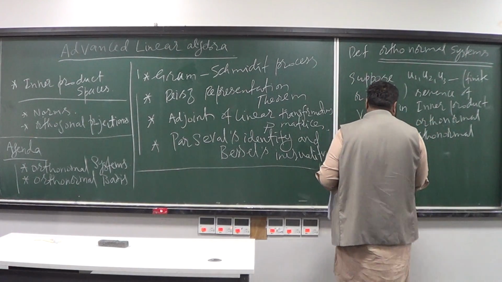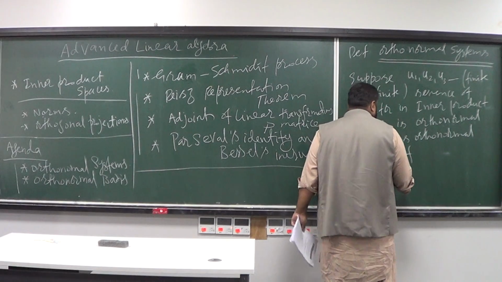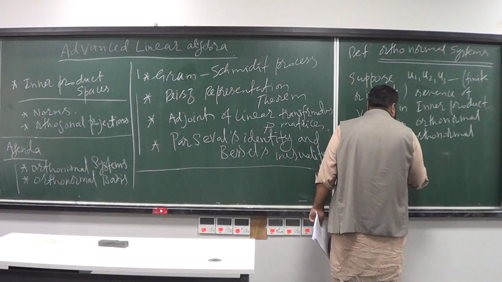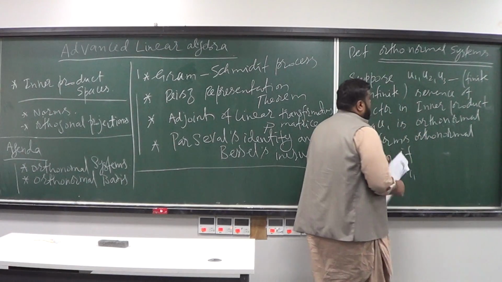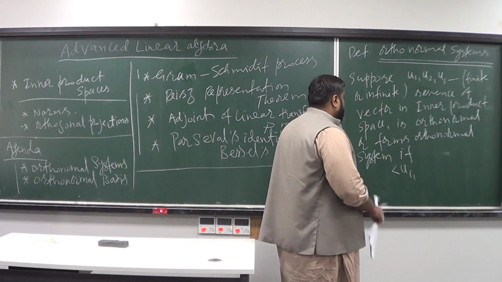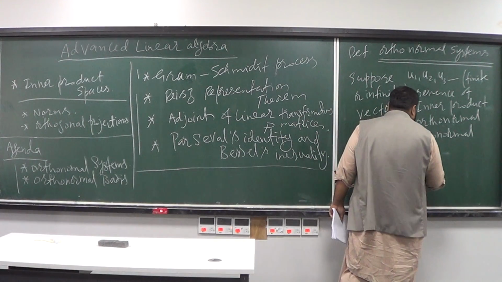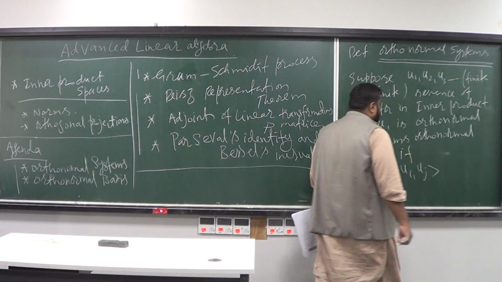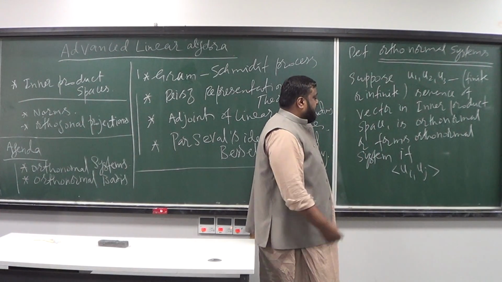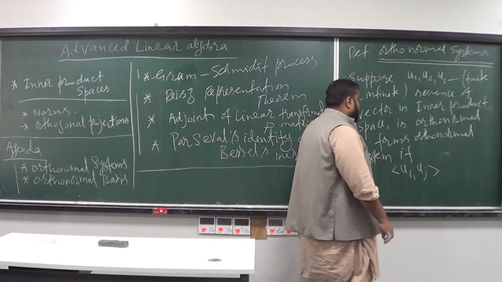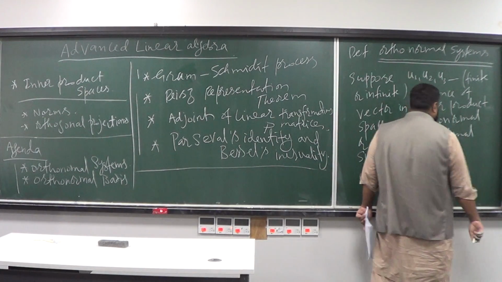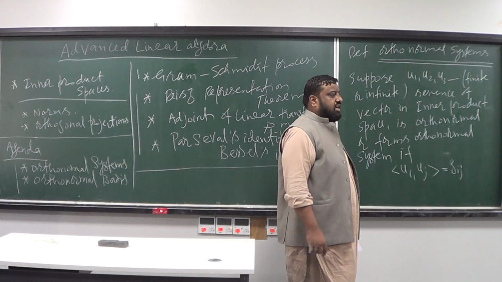You take the inner product of the ith term of this sequence with the jth term, and it turns out that it is the Kronecker delta.